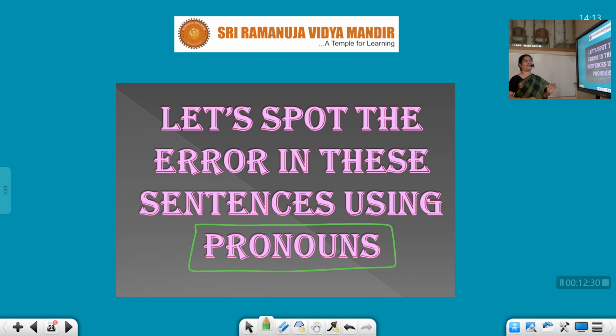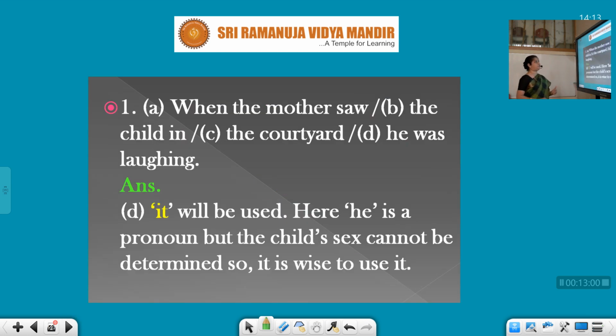Now you understood the meaning of emphatic. They show a stress. So all my questions are only showing a stress on the pronouns. And so we will go with these sentence corrections. We'll see how the errors are given and how we have to check the errors and write the answers correctly. So this is how your exercise is going to be.